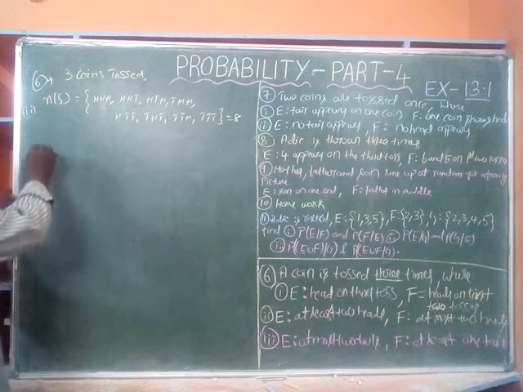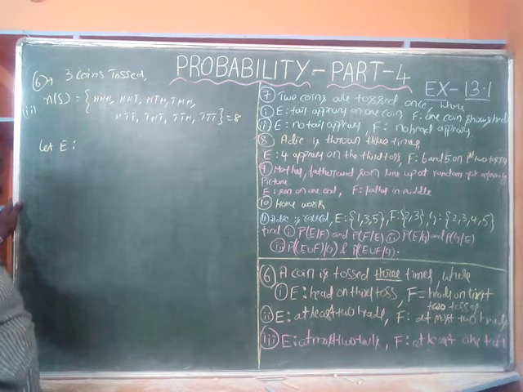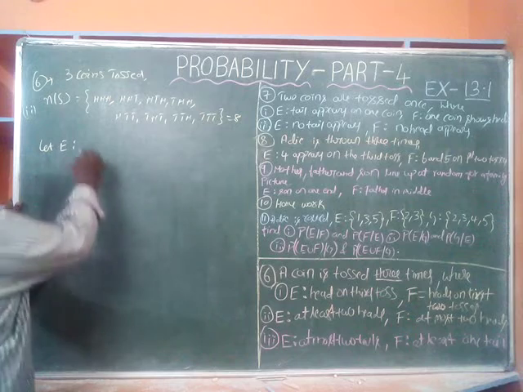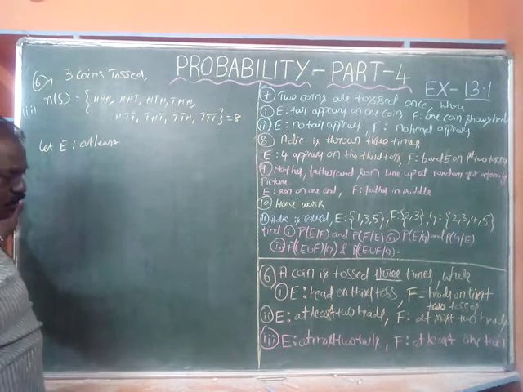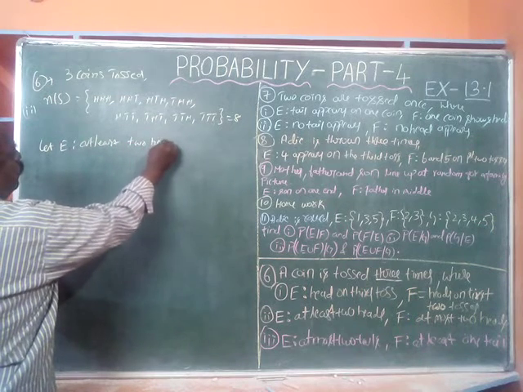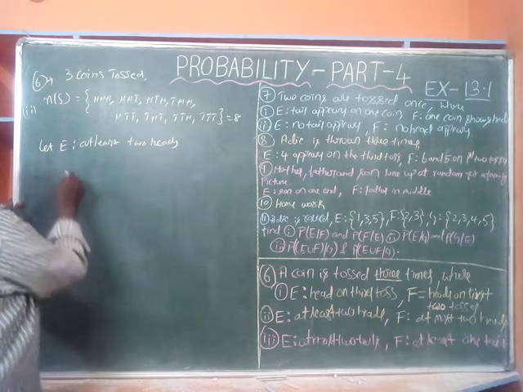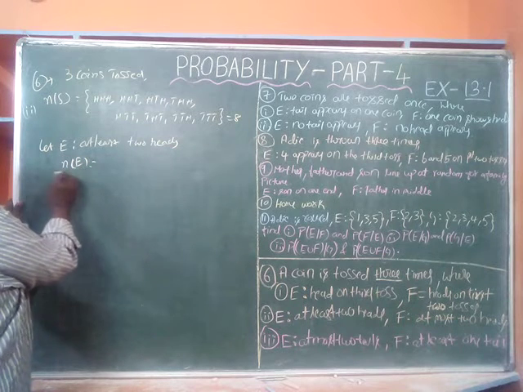Now, let E be the event of at least two heads. What is N of E?